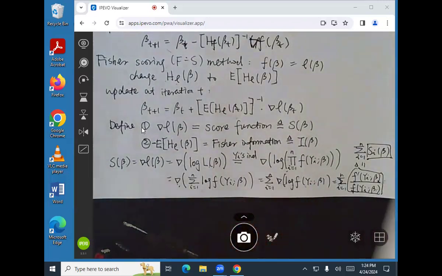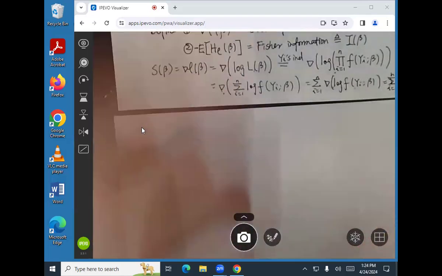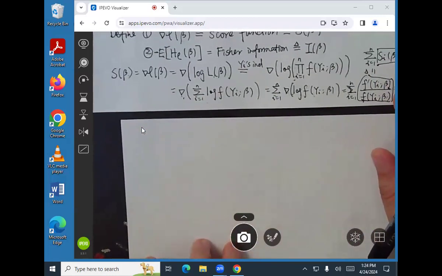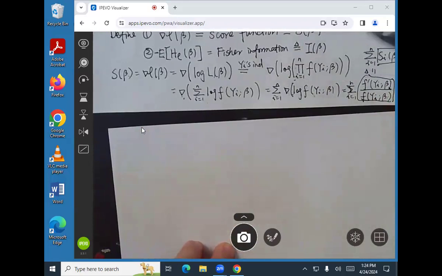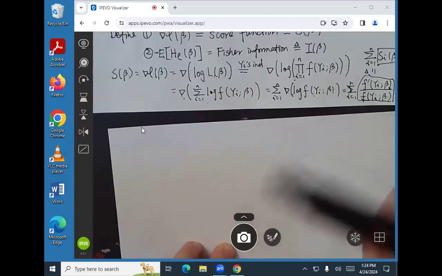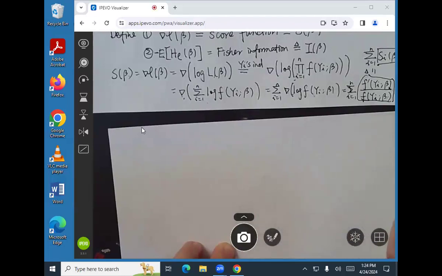So the important property about the score function, the gradient of the log likelihood. Oh, by the way, I should say what I'm talking about here is the foundation for the likelihood ratio test, which we already gave you the result. The likelihood ratio test statistic is -2 times the log of the likelihood ratio, the likelihood under null over the likelihood under alternative.